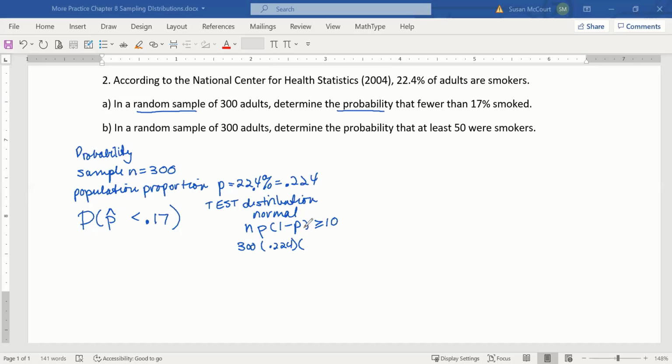If you calculate 1 minus p, it's the opposite of 22.4%, so it's 0.776. You can do that in your head or calculate it. When you add those together, you should get 1. When you multiply those three numbers together, you get 52. So that's definitely bigger than 10, which means we do have a normal distribution.